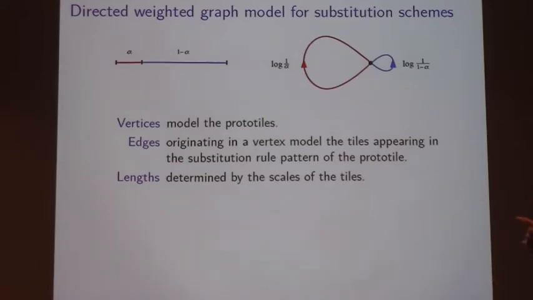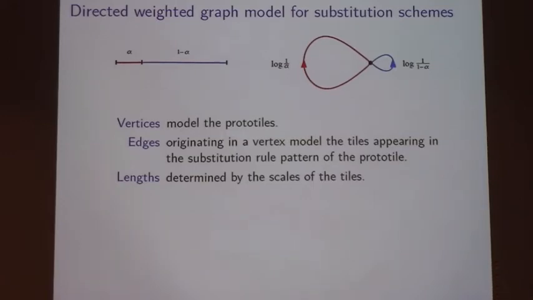The edges that originate in a vertex associated with a prototype model the tiles that appear in the substitution pattern. So here I have the unit interval, and it has two sub-intervals as a substitution pattern, and this corresponds to having these two loops, one blue, one red, and the lengths of these loops are determined by the scales of the tiles.